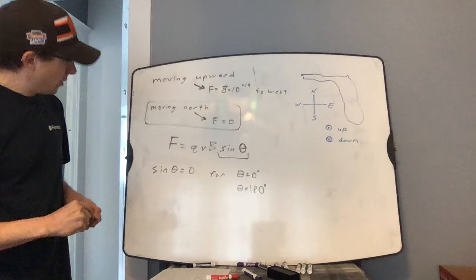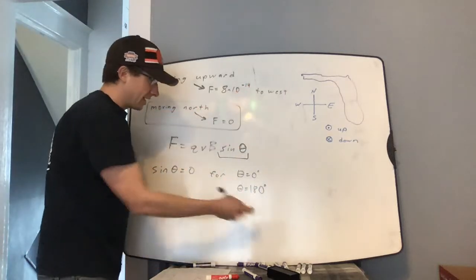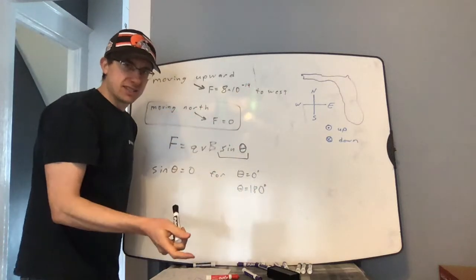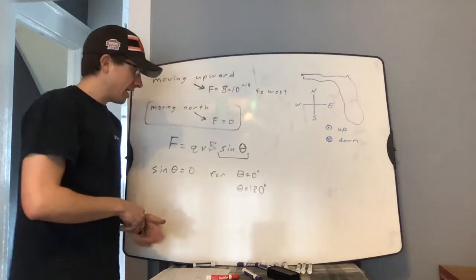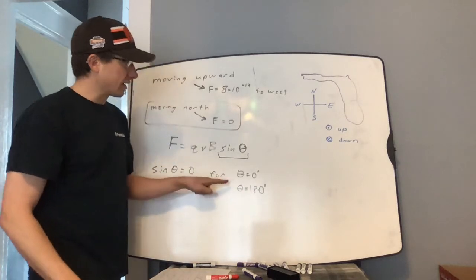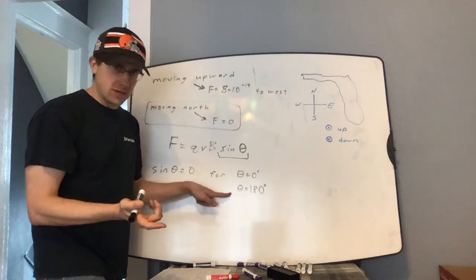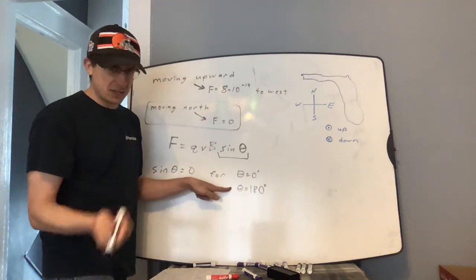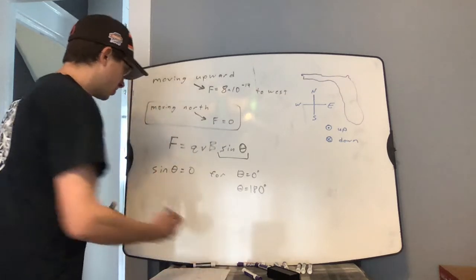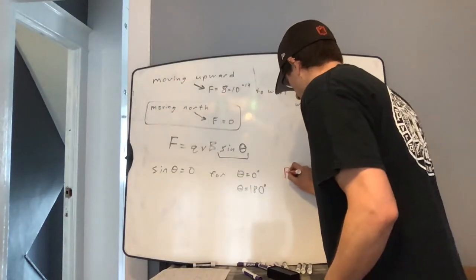So if the particle is moving north, theta equals 0 implies the magnetic field points north. If the particle is moving north, theta of 180 would imply you're moving opposite north, or south. So theta equals 0 would be for the magnetic field points north.